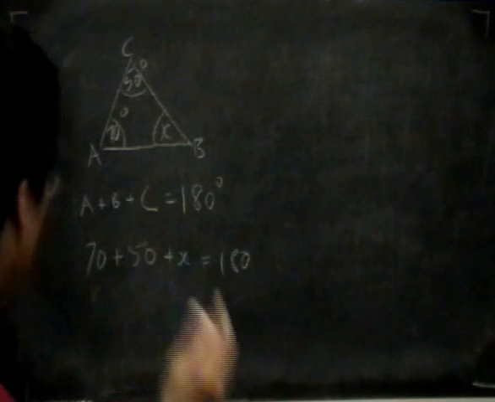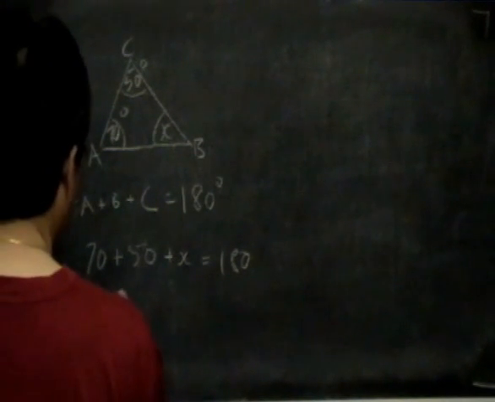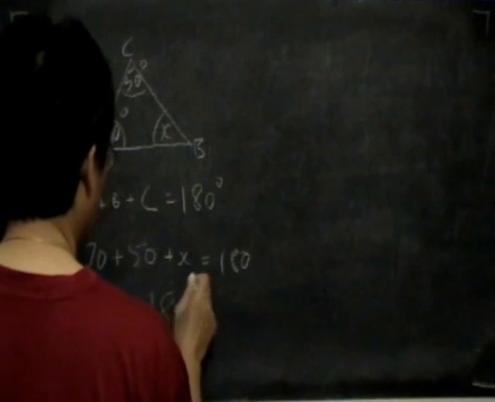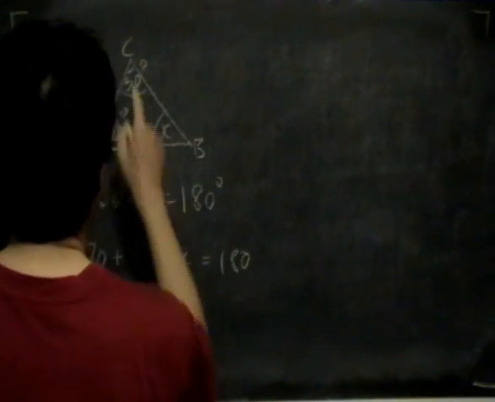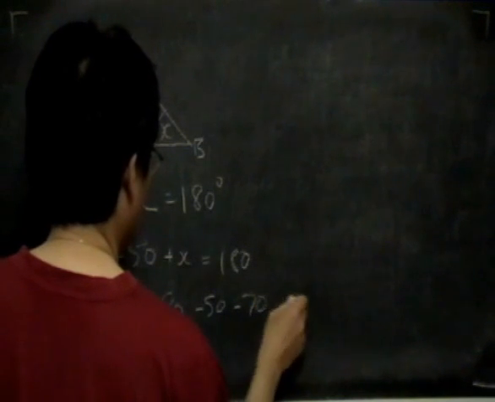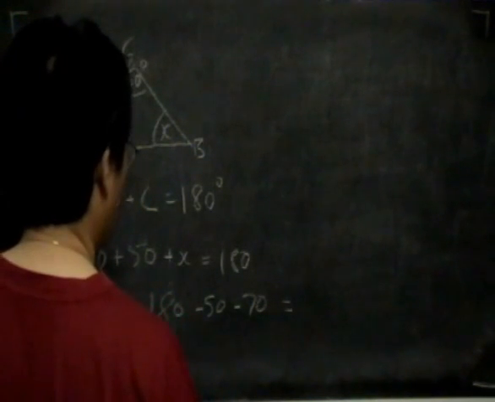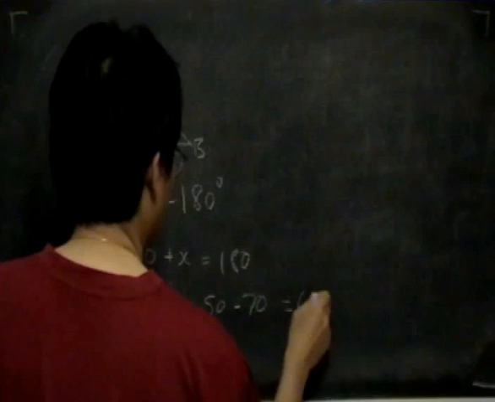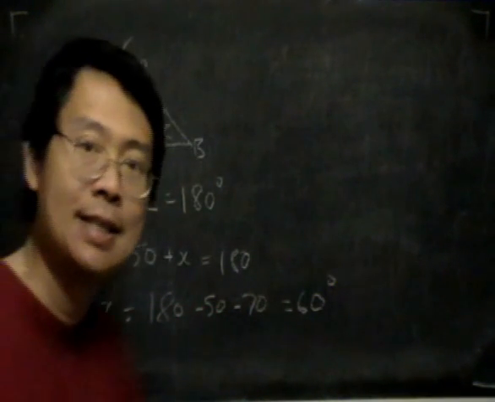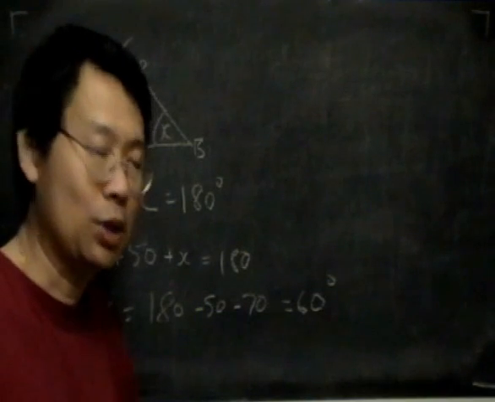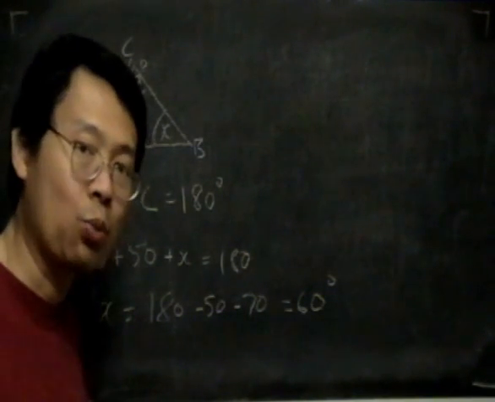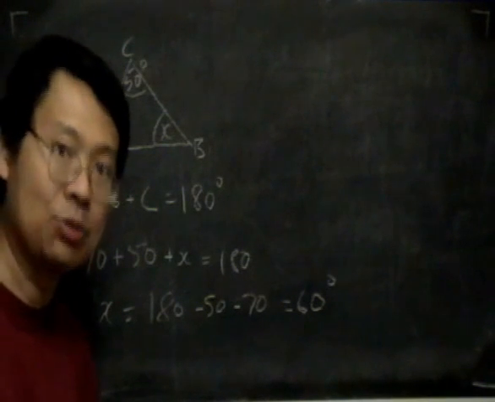That would also be simpler. Therefore, x is just 180 minus 50 and minus 70, and the answer would be 60 degrees. So we can do this question if you know that the sum of angles in a triangle is 180 degrees.